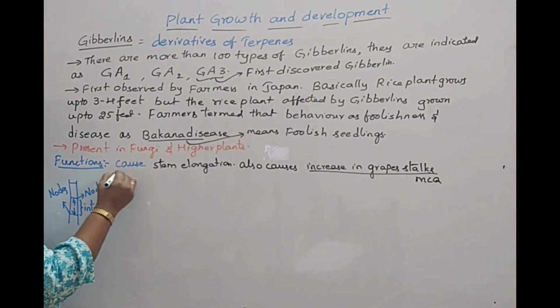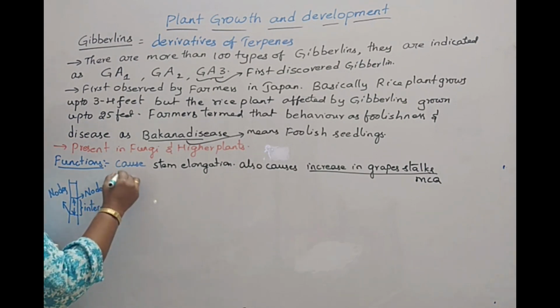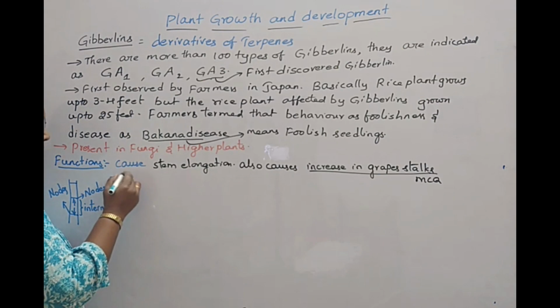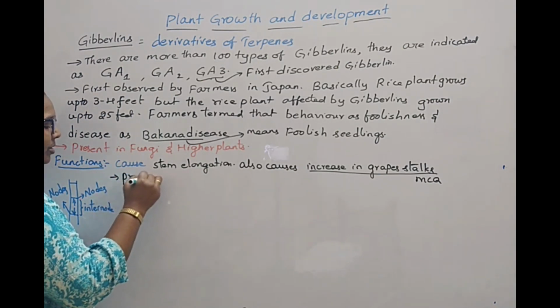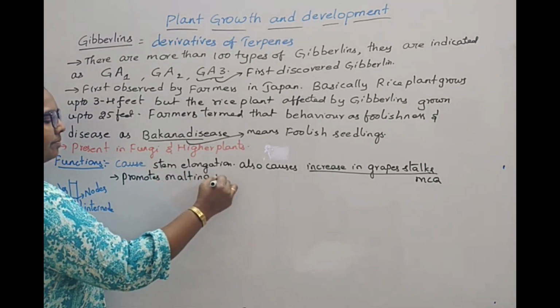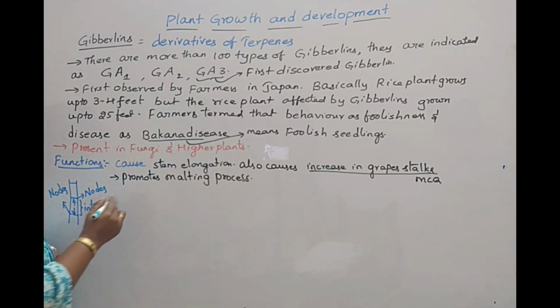Next, gibberellins also promote the malting process. Malting means a little bit fermentation-like process, but it's not exactly that. So gibberellins promote malting process. It delays the senescence.